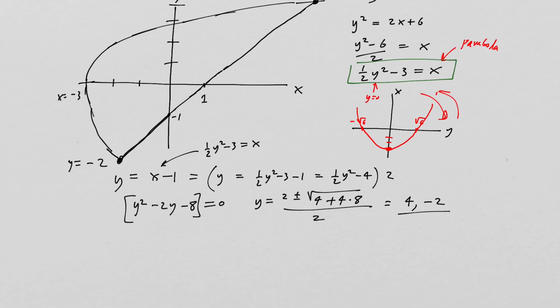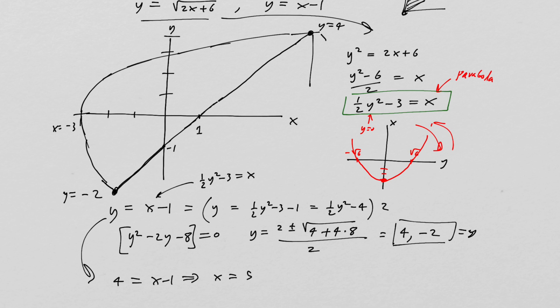We do need to actually plug in, if these are the two y values, let's find the x value. Well, the x value we can get a lot of different ways, but I think the easiest way, of course, is to plug it into the line equation. So 4 is equal to x minus 1. X is going to be equal to 5.